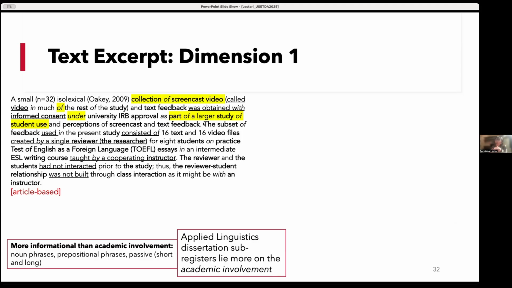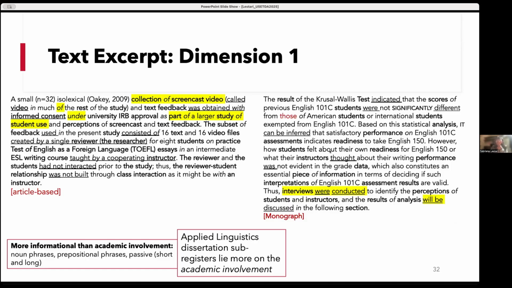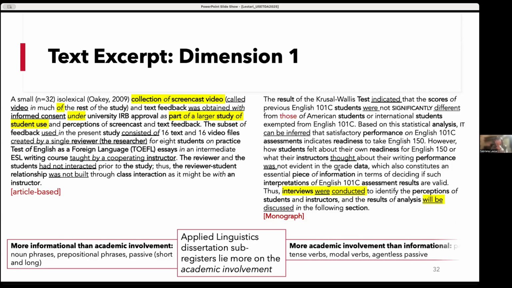So there is more informational density in comparison to the monograph dissertation, which is characterized by past tense verbs like indicated and conducted, and modal verbs like will be. But we also see some agentless passive.